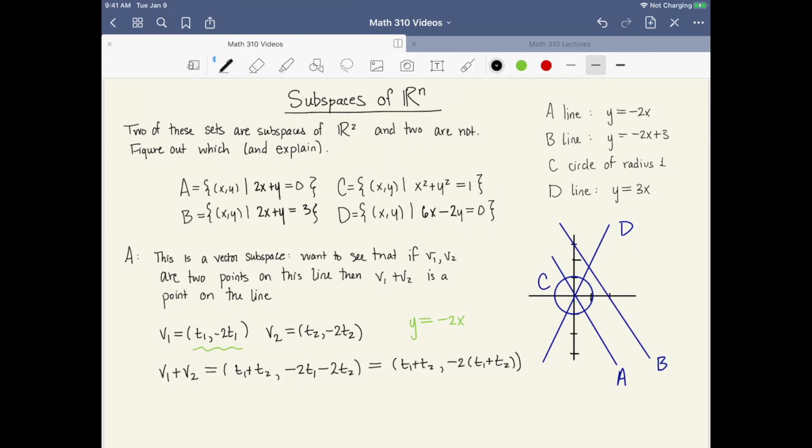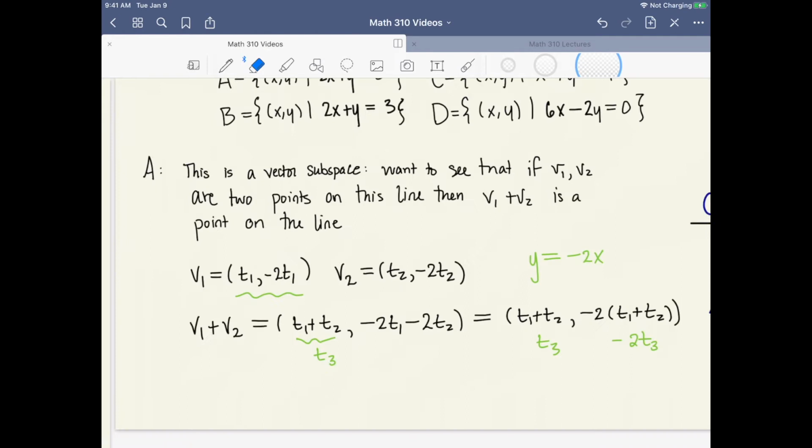I could rename t1 plus t2 as t3, and then I would see that this is (t3, minus 2t3). So v1 plus v2 is again a point on the line. t3 will also satisfy the equation.